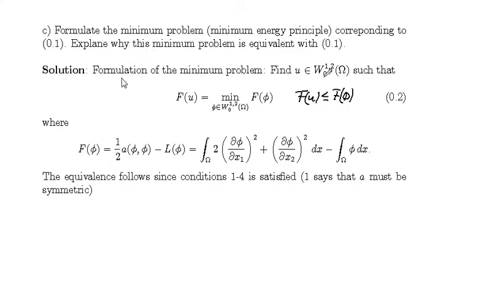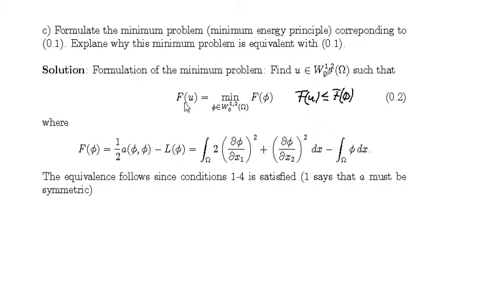To formulate the minimum problem is just doing this. The minimum formulation is just to find u in this W0 such that this is obtained. That is the same as putting f of u less or equal to f of phi for every phi element in the Sobolev space W0.